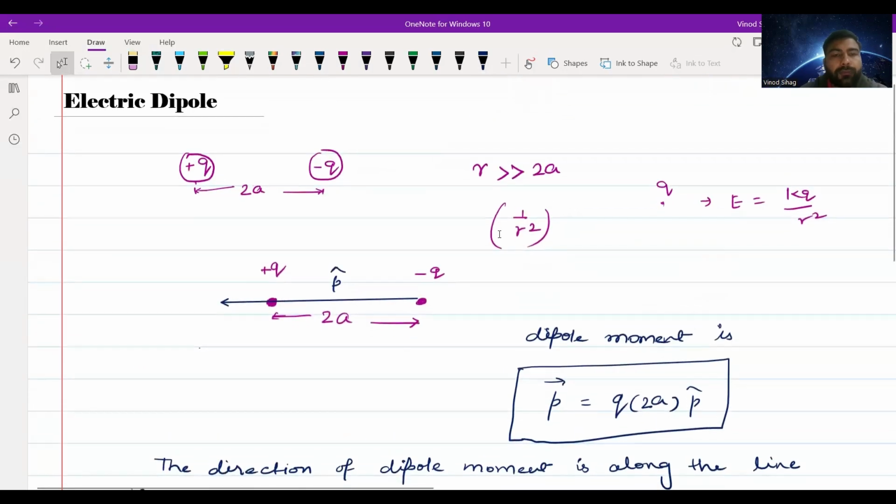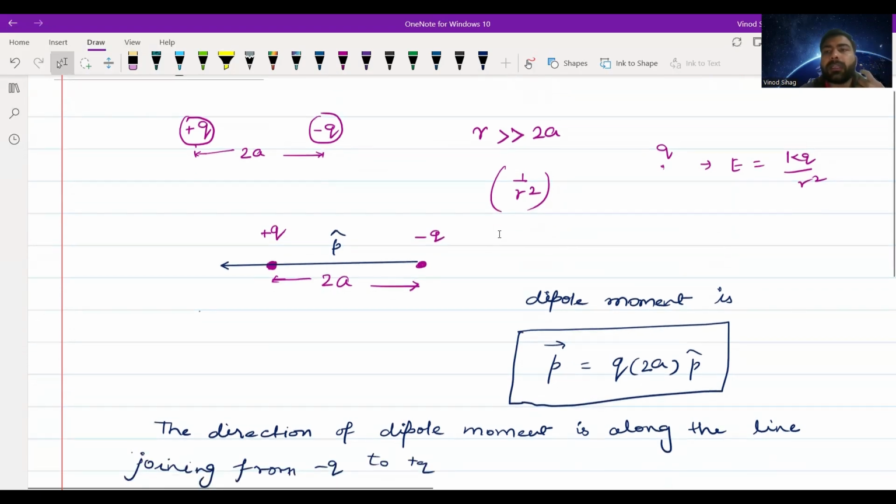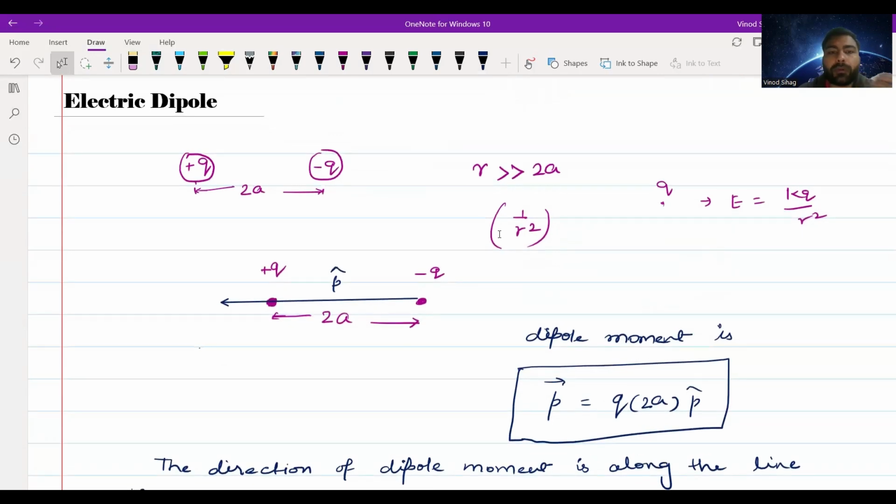Okay, now we are going to study the electric field produced due to the electric dipole. So we can take two cases here. The one case is when we take a point on the axis of the dipole.